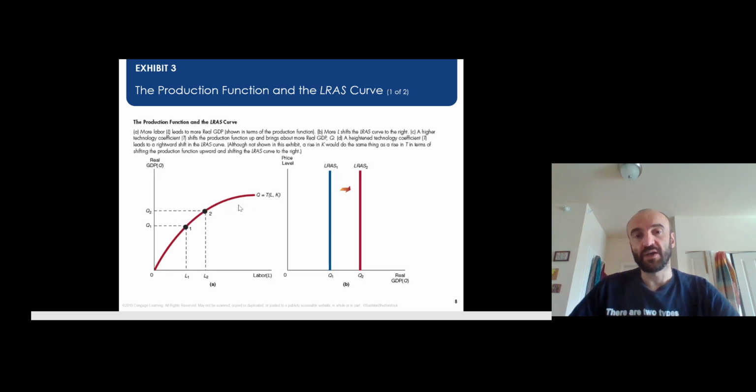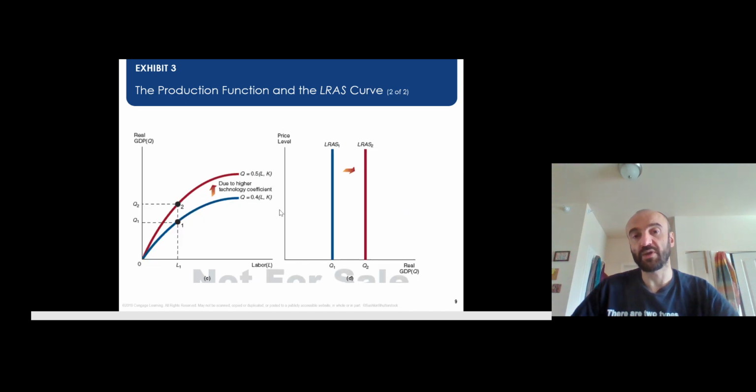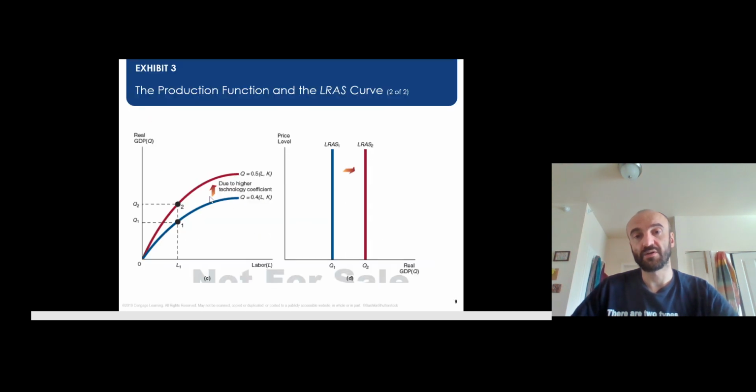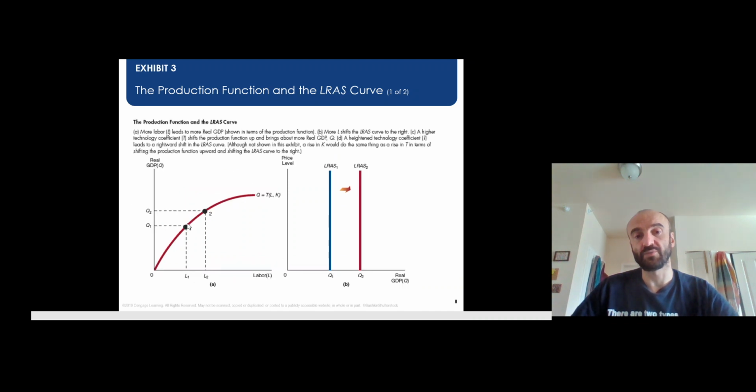But you see what is here: long run aggregate supply curve shifts because you increase the use of labor. But the same thing happens here. The curve doesn't distinguish this situation here from this one here.